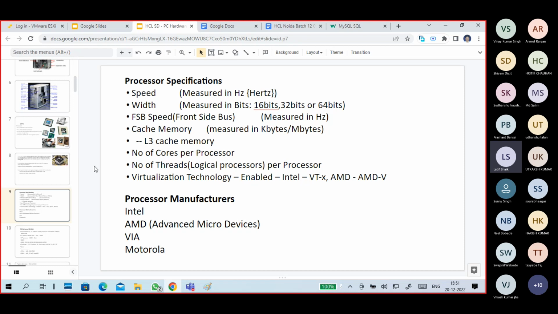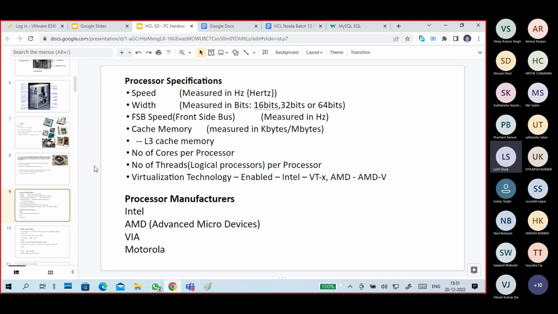Intel and AMD are the main competitors in processor manufacturing. Not only Intel and AMD; for mobile phones and other devices there are different processors, for example Qualcomm Snapdragon and MediaTek.